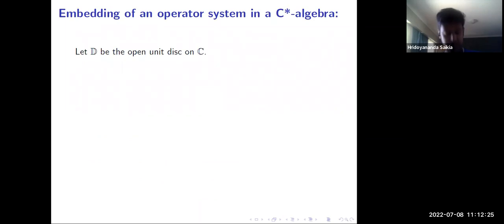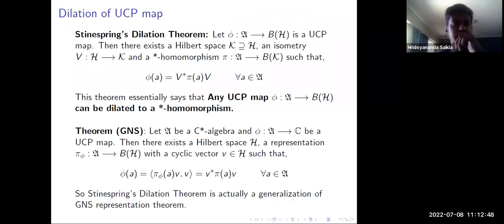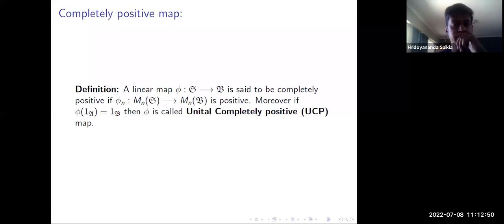Here I wanted to give some examples. In topology, what we did was define some manifold very abstractly, and we proved that every manifold can actually be embedded in some R^n completely. Now I have defined what an operator system is here.